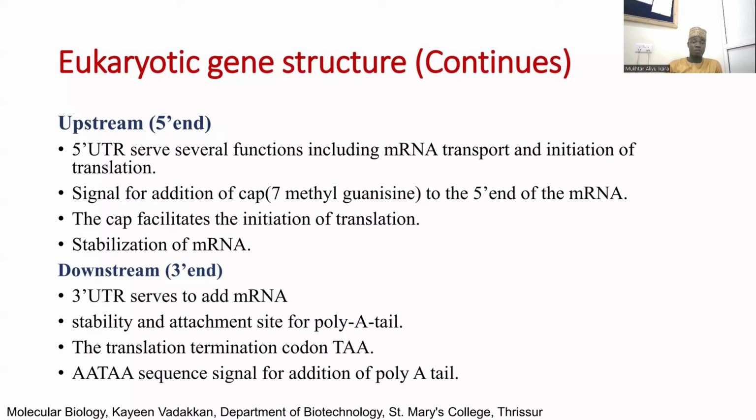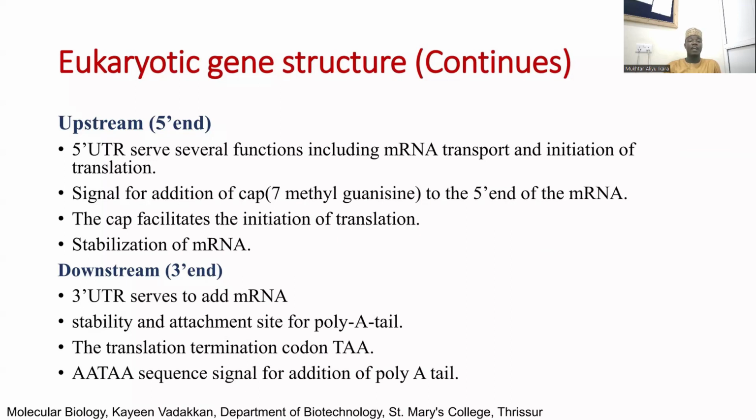So this 5' untranslated region is important in transporting messenger RNA, and it's also important to initiate translation of proteins. That is the conversion of the mature mRNA into proteins.